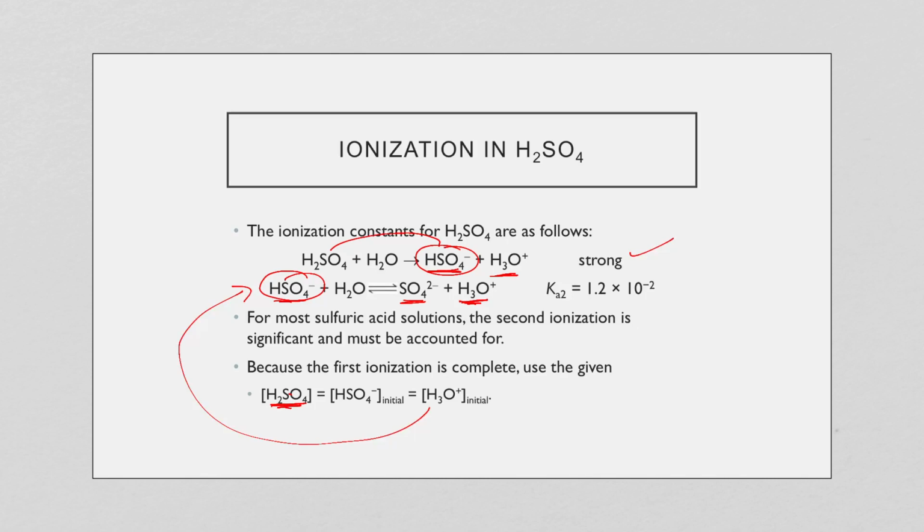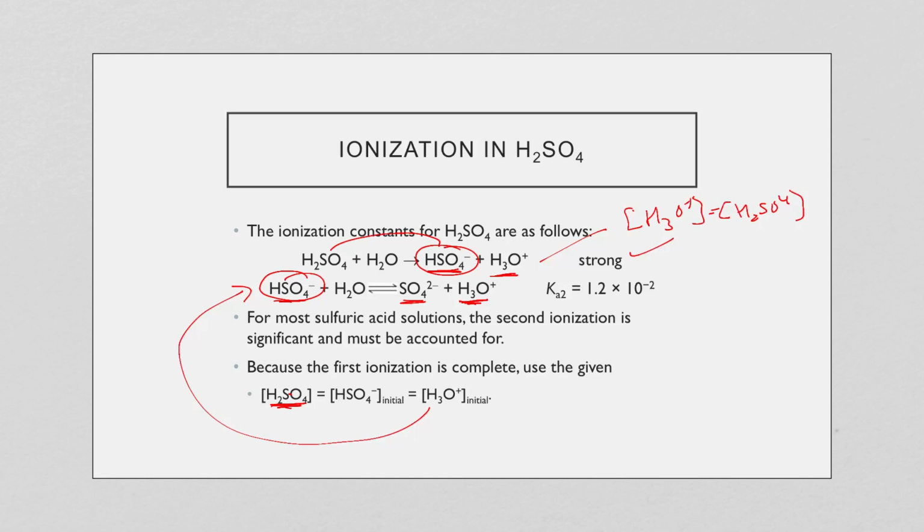I'm not going to go through and solve this, but the idea is, in the first step we can calculate how much hydronium there is, because this hydronium is going to be equal to the original H2SO4. That's what's there in the beginning.